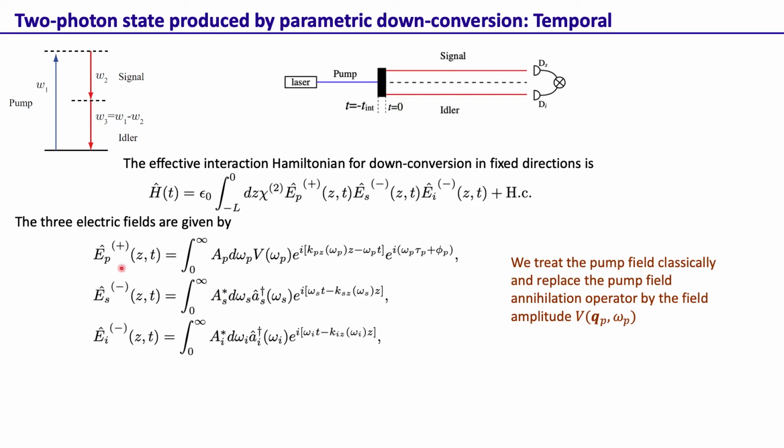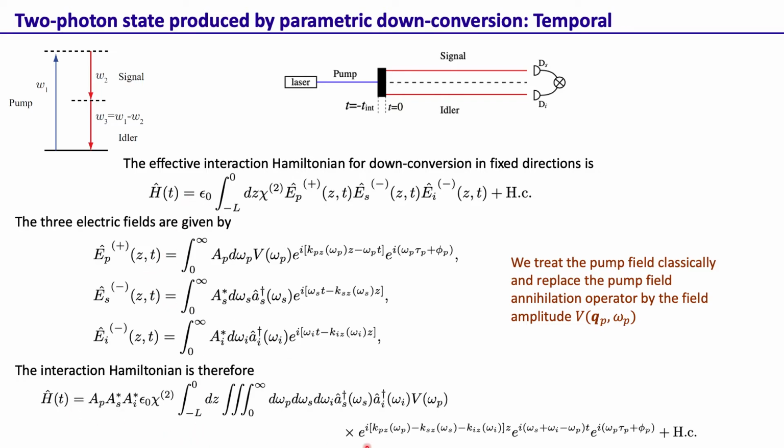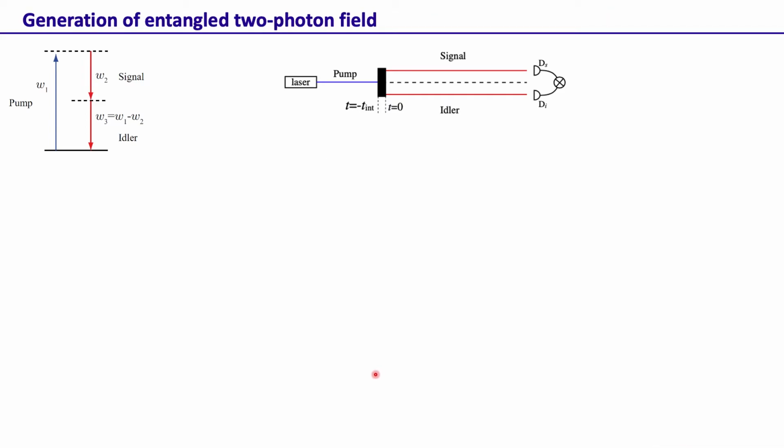So that's how we have expanded our 3 field operators. Now if we put these expressions into this Hamiltonian, this is what we get for the interaction Hamiltonian for the down conversion process. So that's this term plus this Hermitian conjugate. Now that we have derived the Hamiltonian, we want to derive the state that gets produced by the parametric down conversion.